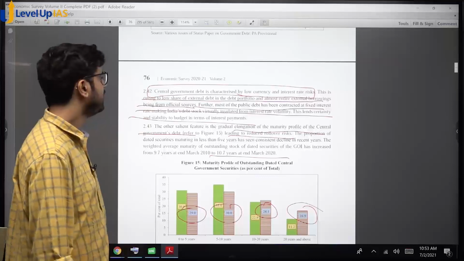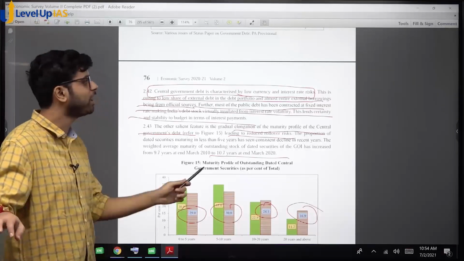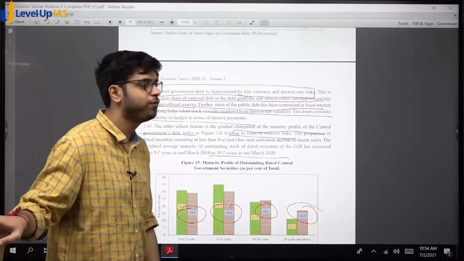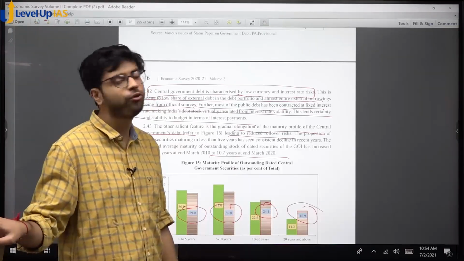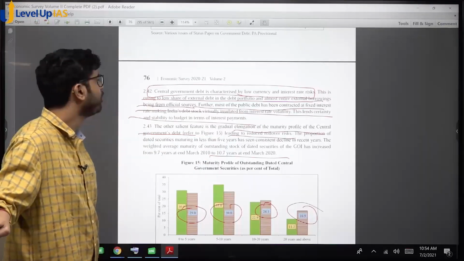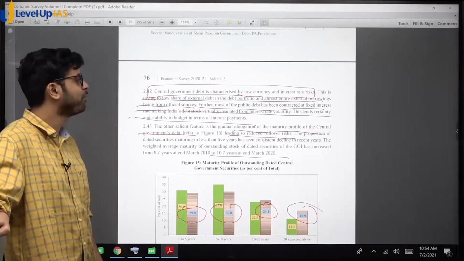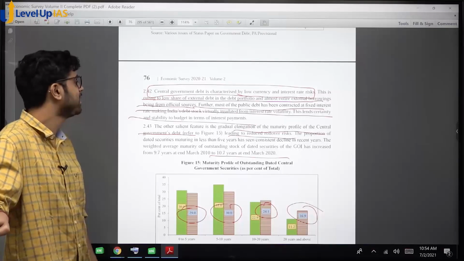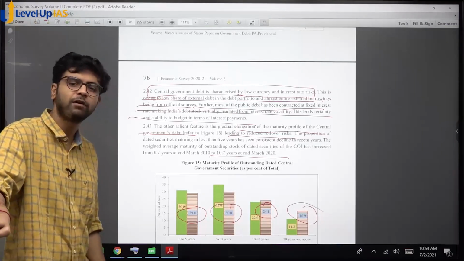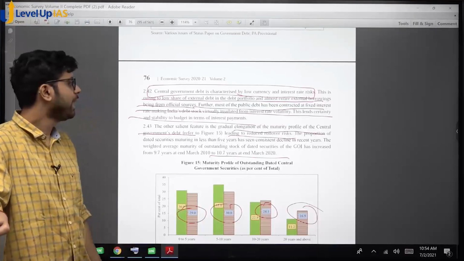See this, central government debt is characterized by low currency and interest rate risk. Remember, currency risk we spoke about. So if your debt is denominated in rupees, then you don't have any currency risk, right? So low currency and interest rate risk. This is owing to the low share of external debt in the debt portfolio and almost entire external borrowings being from official sources, which means World Bank, IMF and official government sources. Okay?